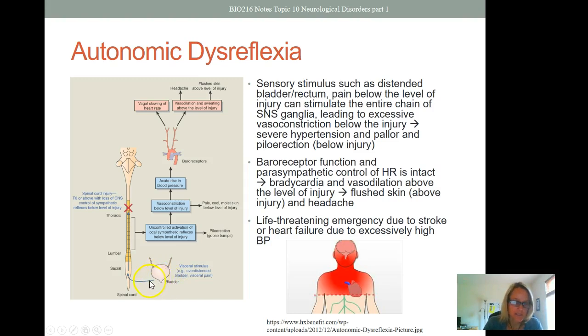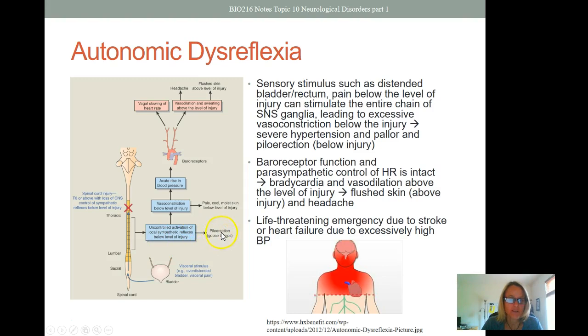This sensory stimulus goes in, but it's blocked. It can't travel to the brain, but it can cause activation of the sympathetic chain ganglia found near the spinal cord. So this can lead to uncontrolled activation of local sympathetic reflexes below the level of injury.